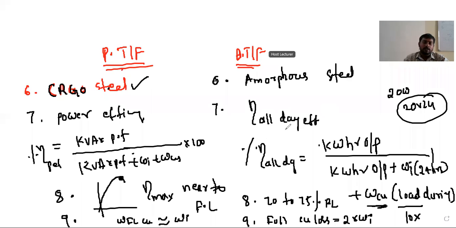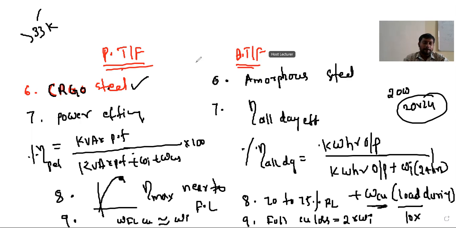The major differences are: the power transformer is used at more than 33 kV, the distribution transformer at less than 33 kV, and loads are directly connected to the distribution transformer, not to the power transformer. That's why load fluctuations are less in the power transformer and more in the distribution transformer.